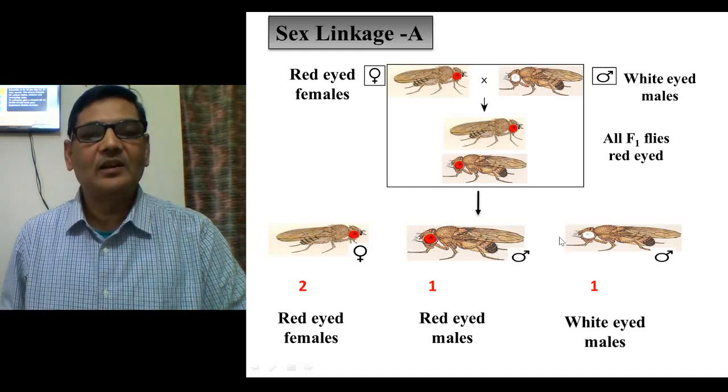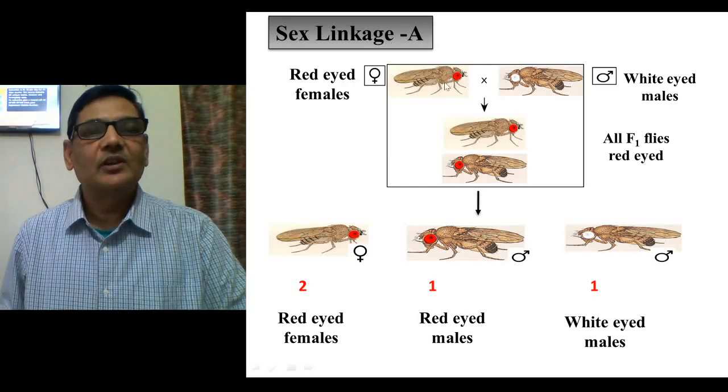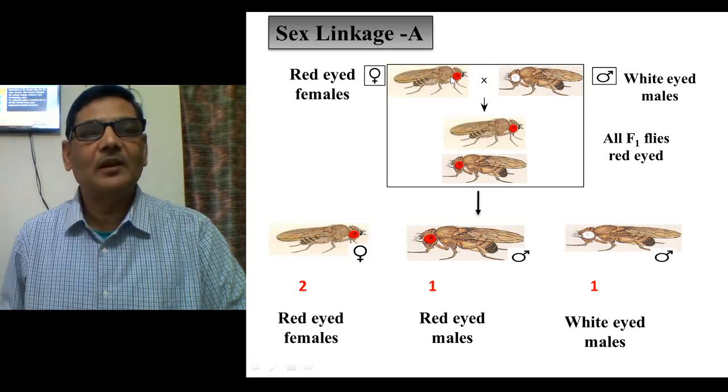Its further analysis will be seen in the next slides. A red-eyed female fly is crossed in this case with a white-eyed male fly. And in the next generation, all the flies, whether males or females, possess a red eye.